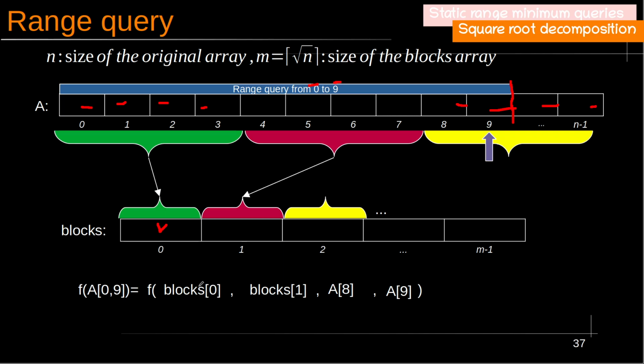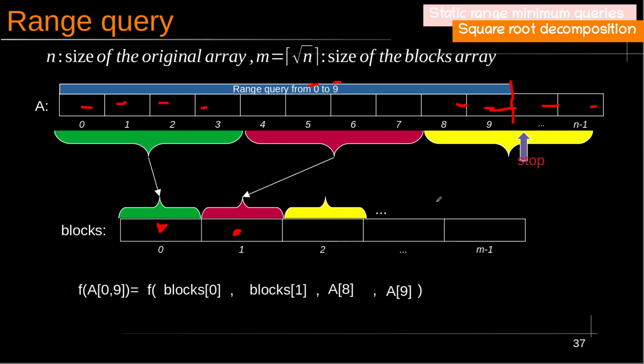So as you see here, this is the final result. Of course, here we stop because we exceed the right boundary. As a result, f of the original array from A to 9 is f of this block, this result, and this result, and this too.